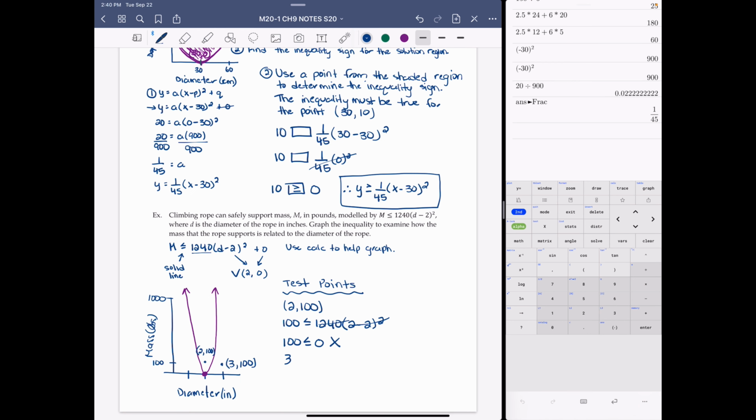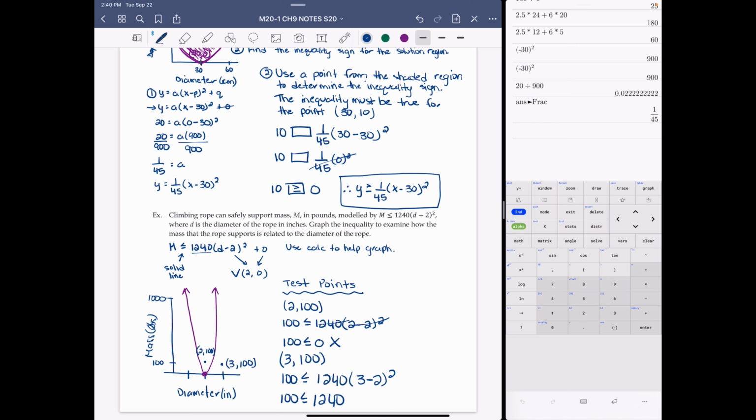3, 100. 100 is less than or equal to 1240 times 3 minus 2 squared. 3 minus 2 is 1, squared is 1, so 1240.